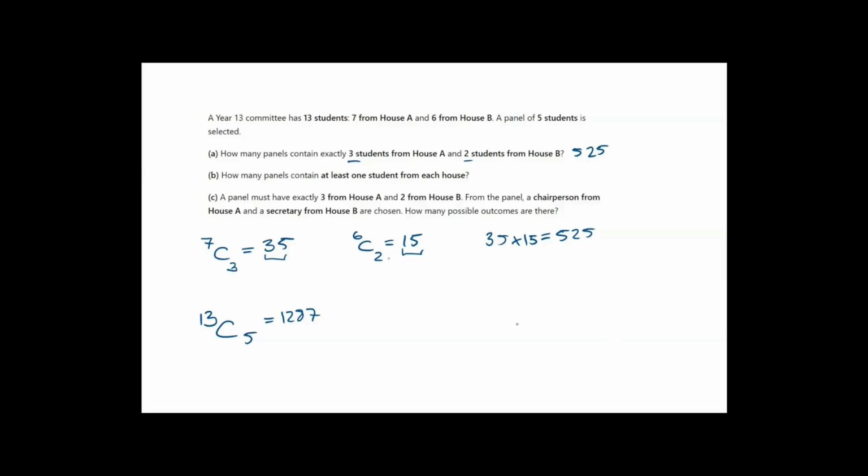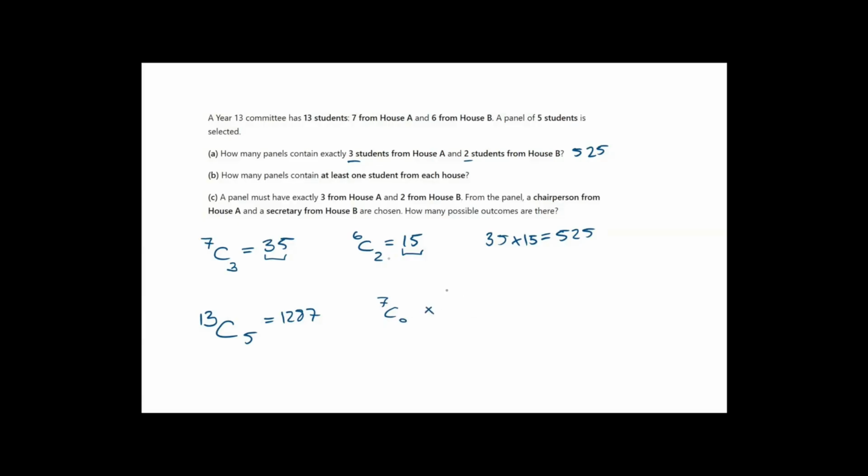All right, now we want to work out how many there are from just one. What's the probability of getting none from one of them? So let's say that we choose none from House A. Well, in that case, for House A, we would have 7, and we would choose none of them.